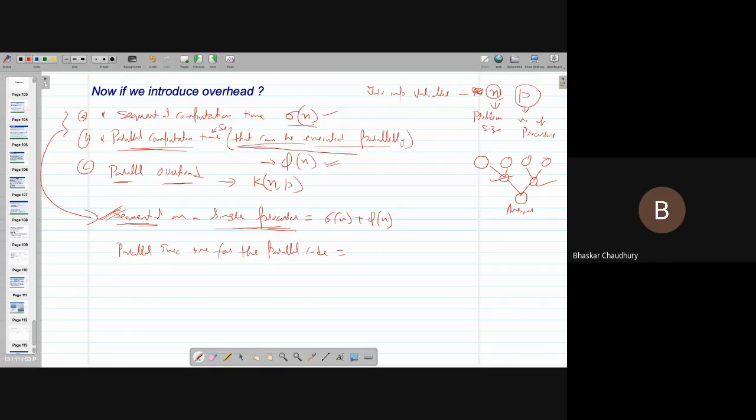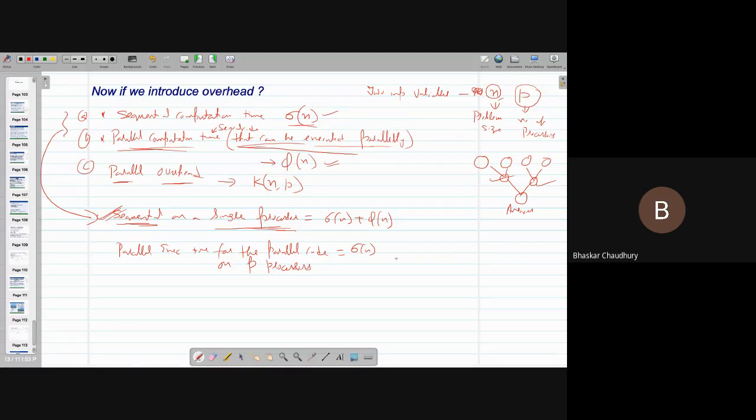I'm talking about the serial code here. Now, what will be the parallel execution time for the parallel code on p processors? Let me add that also.